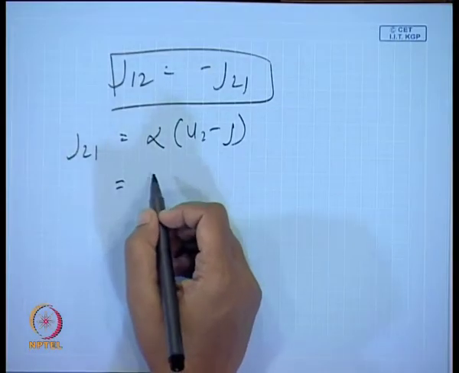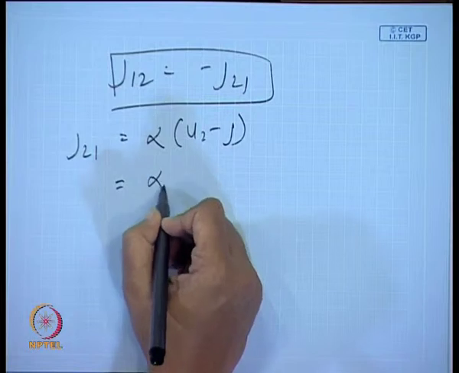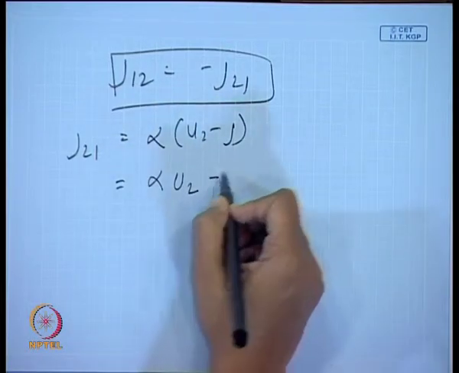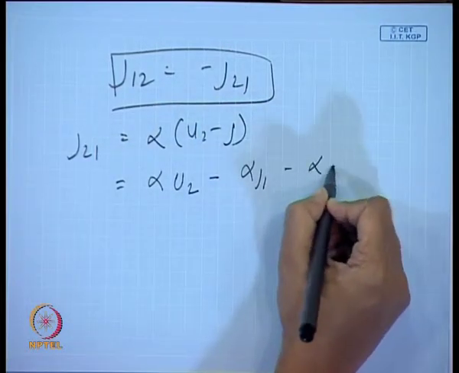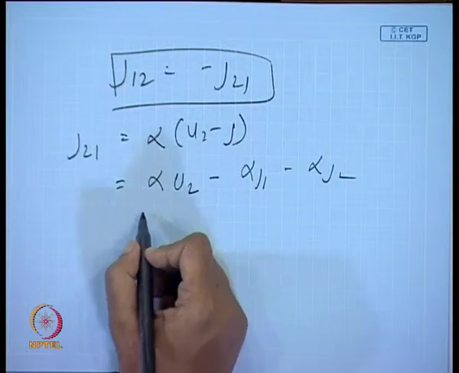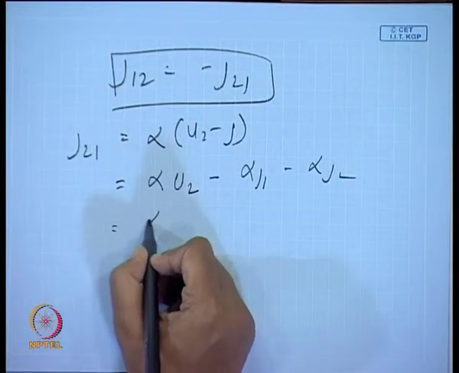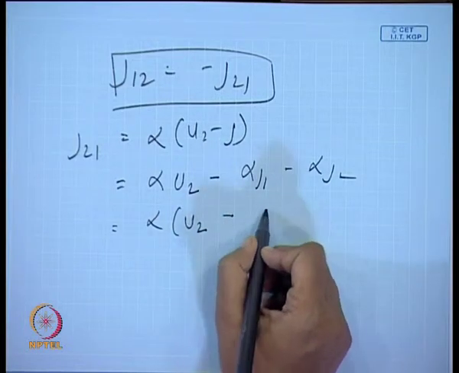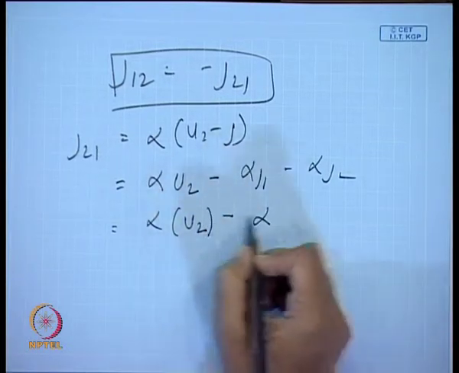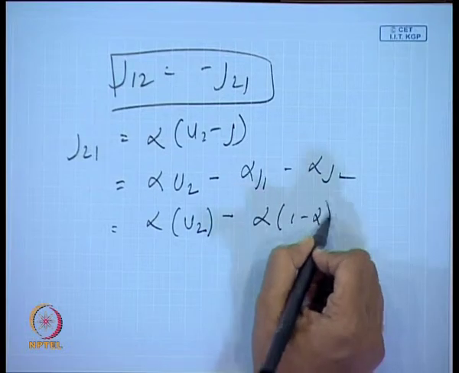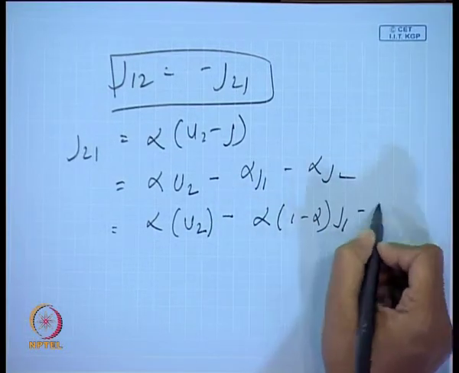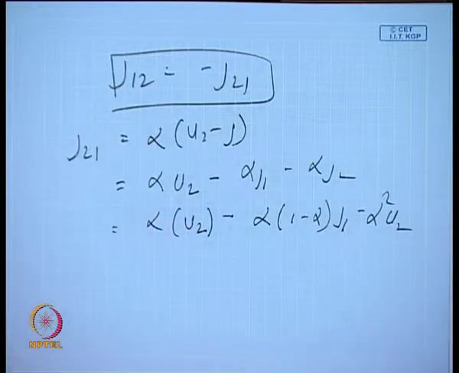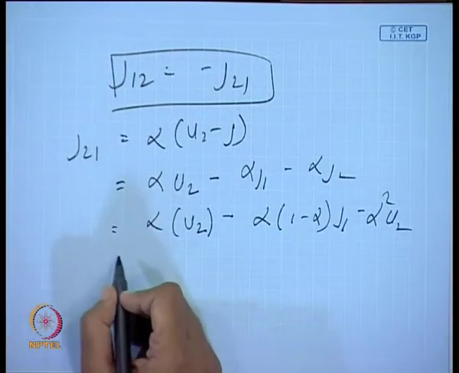So, for this particular case we can write it down just as alpha u2 minus alpha j1, same thing that we had done previously. Or in other words, this can be written as alpha u2 expressing j1 in terms of alpha, it is alpha into 1 minus alpha j1 minus alpha square u2, right.